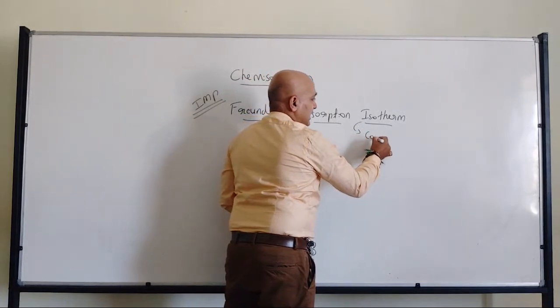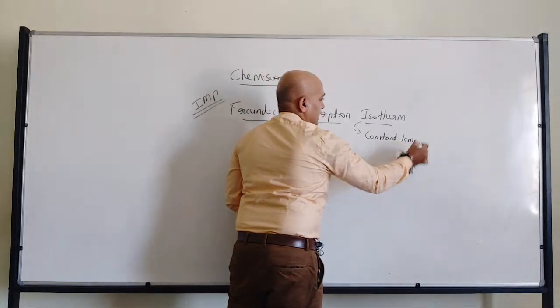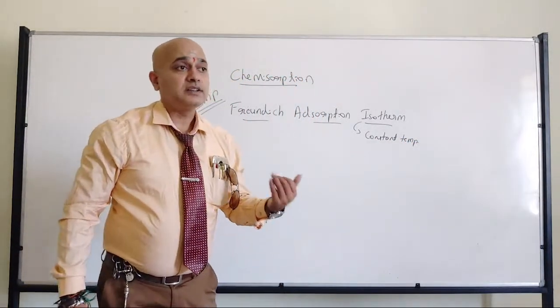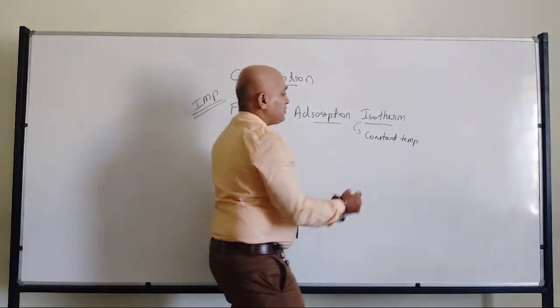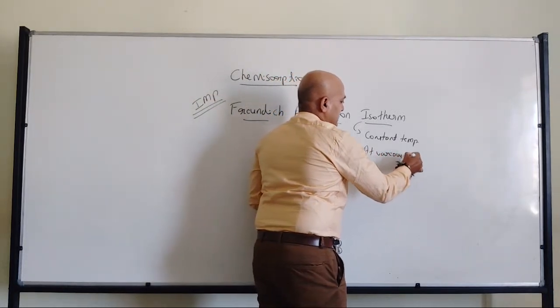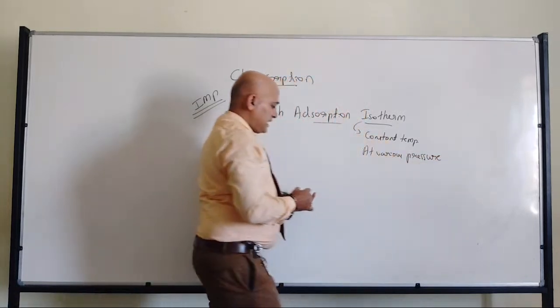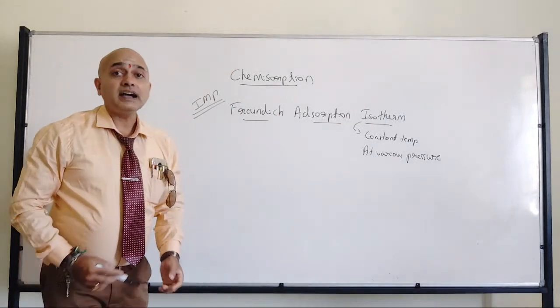Isotherm means at constant temperature. If temperature is constant, something has to be variable, right? So that is at various pressure. That's where we have the Freundlich adsorption isotherm.